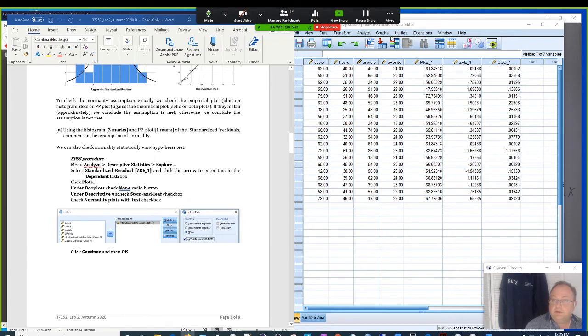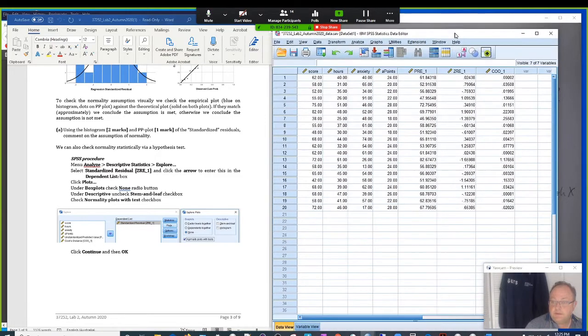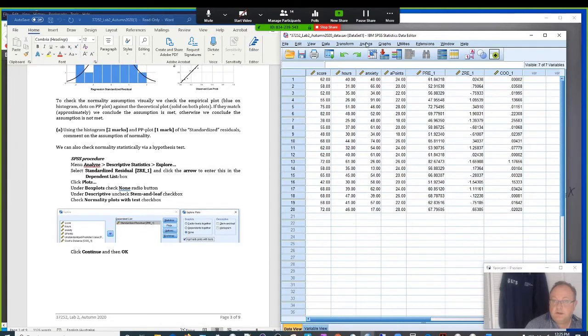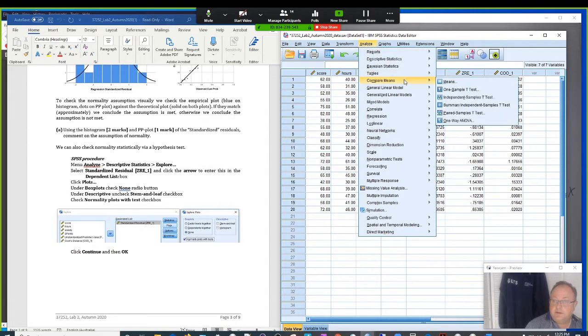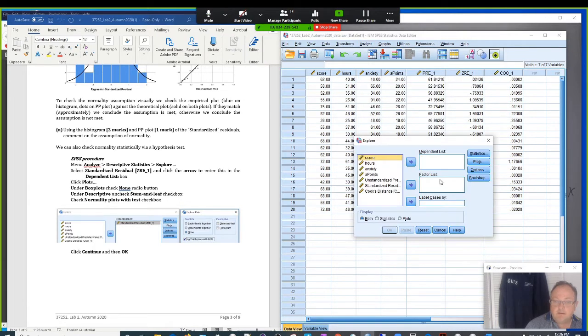If we go to Analyze, Descriptive Statistics, Explore, we'll put in standardized residual as a dependent. That's all we do for that one.